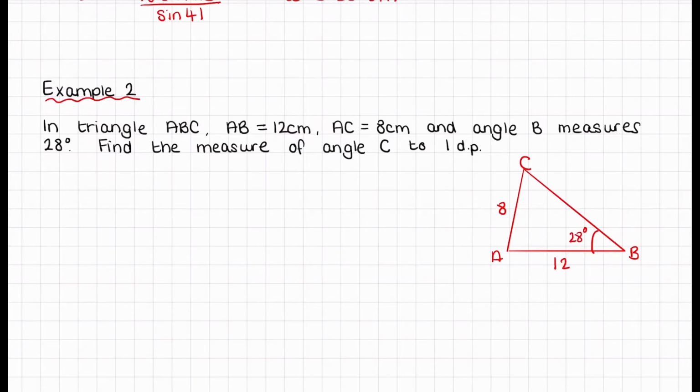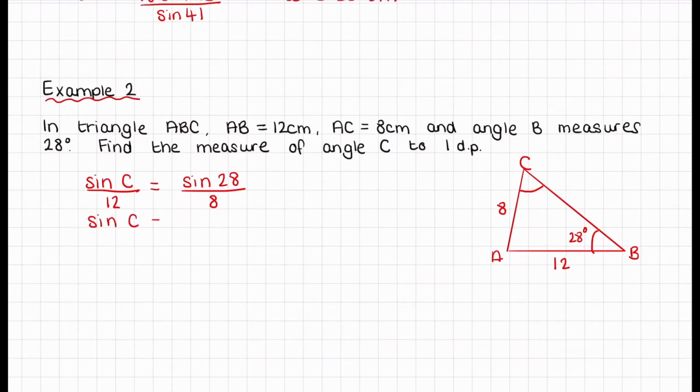So from here, I can now use my sine rule. So I'm trying to find an angle, so that's what's going to go on top, and I'm trying to find angle C. So we'll have sine C over the side opposite C, which is 12, equals sine of B, which is 28, divided by the side opposite angle B, which is 8. Rearrange.